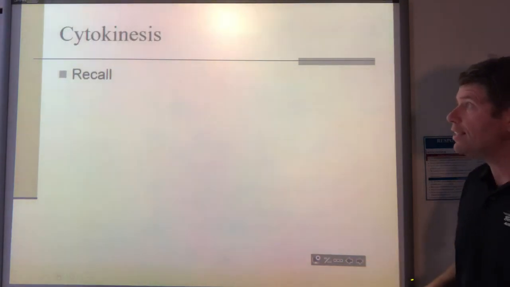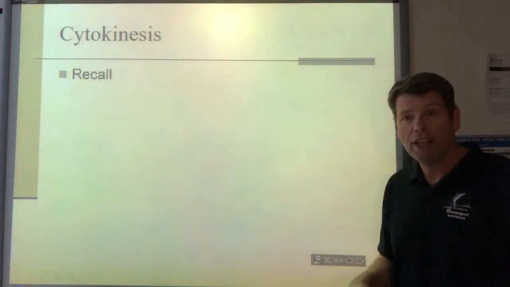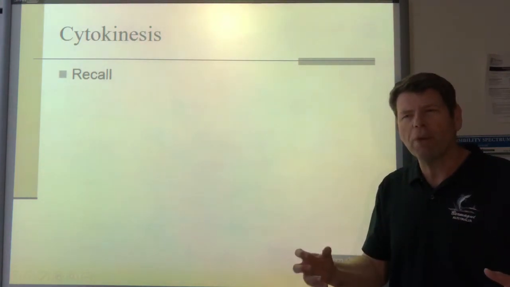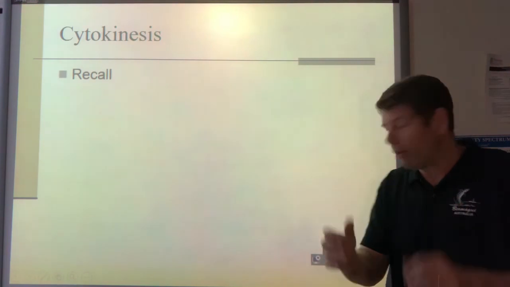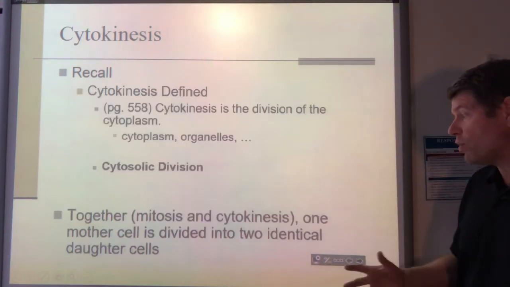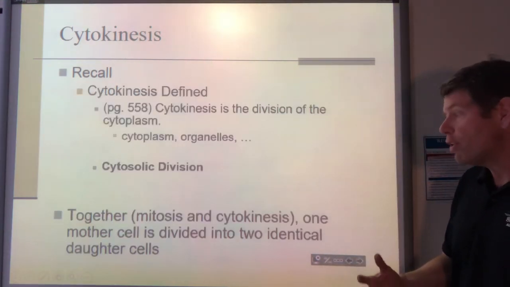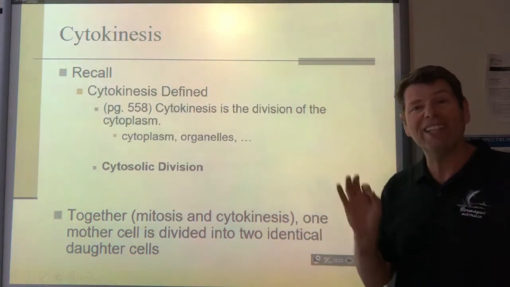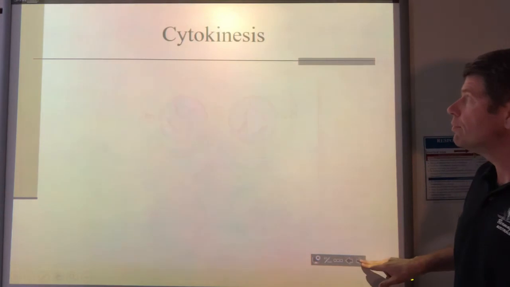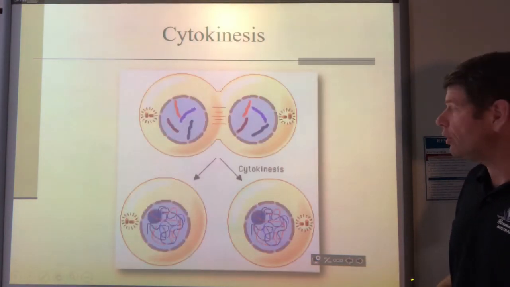So the last thing that needs to happen is something called cytokinesis, which is the division of the cytoplasm, sort of considered outside of the telophase proper. So together, mitosis and cytokinesis produce two daughter cells from one mother cell, and they are identical. There's a little picture.